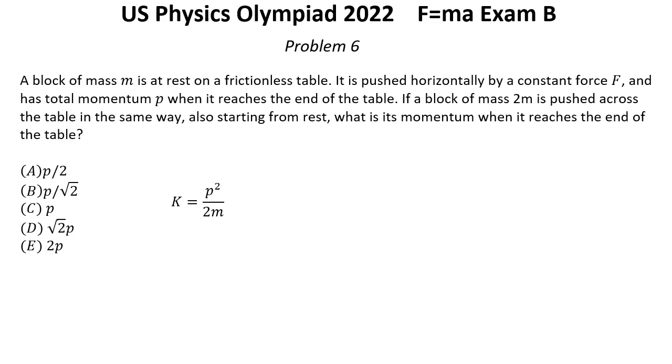It means that for constant kinetic energy, momentum must be proportional to the square root of mass. It means that the new momentum for mass 2m equal square root of 2 P, which is answer D, and that was the solution for problem number 6.